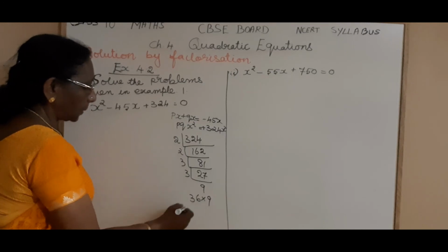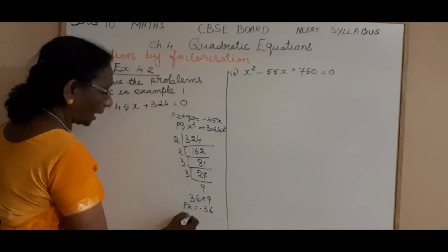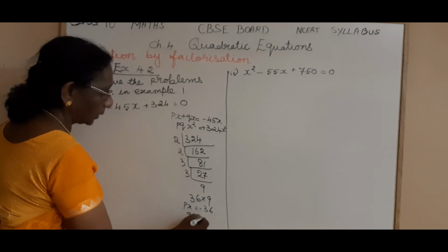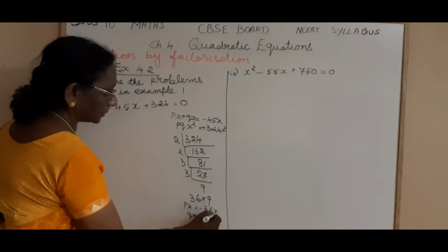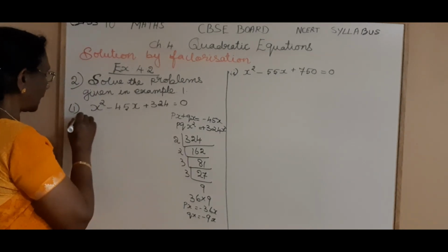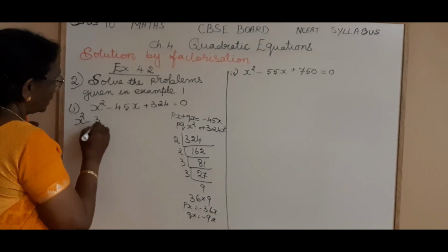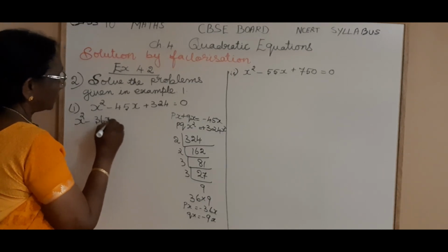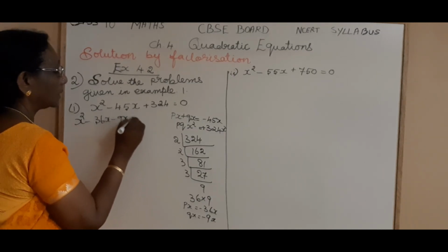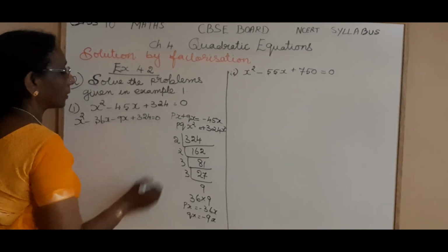So Px is equal to minus 36x and Qx is equal to minus 9x. Now write here x square minus 36x minus 9x plus 324 equals 0.